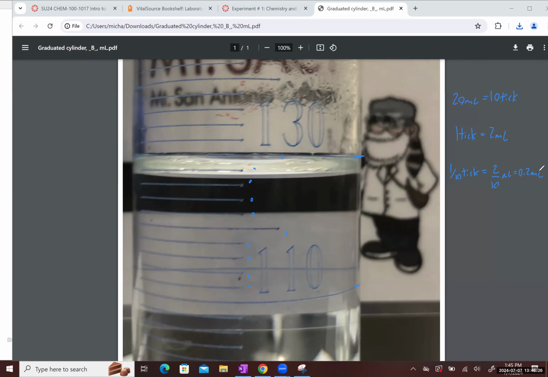Now, it's important to note that your estimated digit for this measurement must be even, because we cannot report more precisely than a tenth of a tick. And because a tenth of a tick is even, our estimated digits must be equivalently even.